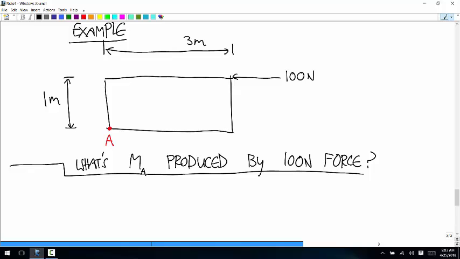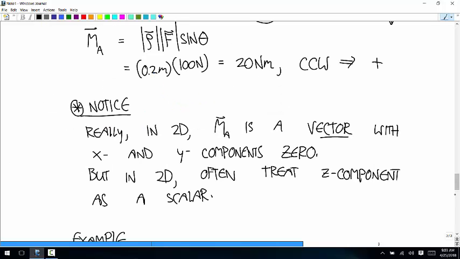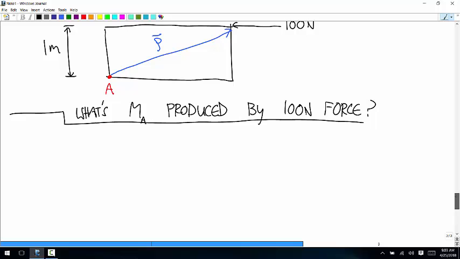Okay, well, the rho vector is like this. So we have two ways we could do this. We could calculate the components of the rho vector and the force vector and do the component cross product.